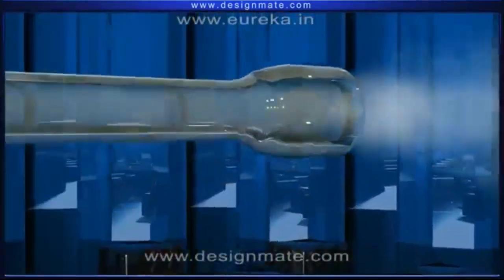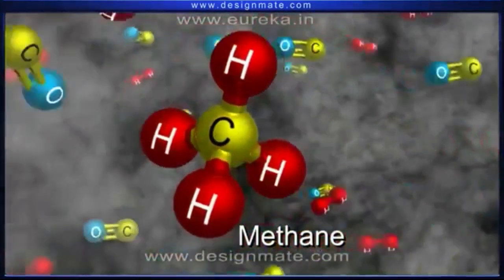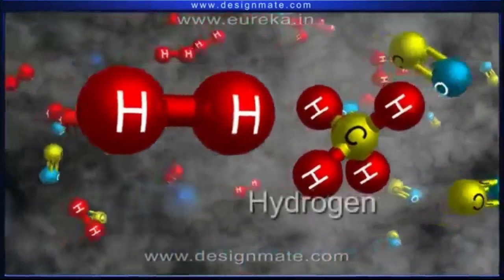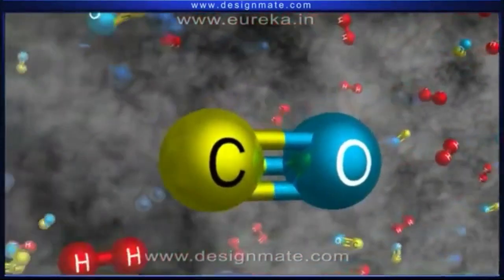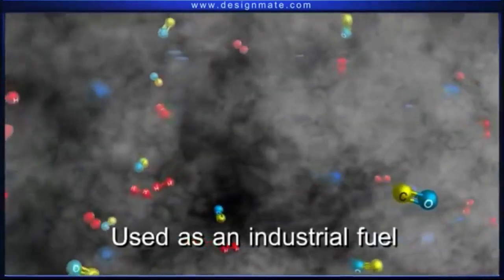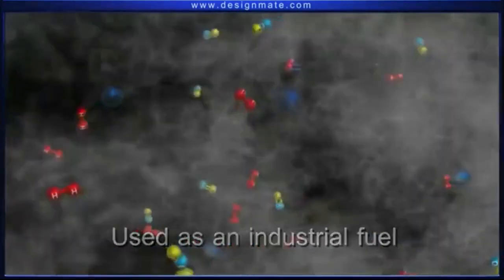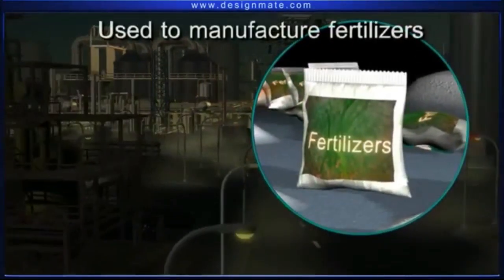Coal gas. Coal gas is mainly a mixture of methane along with hydrogen, carbon monoxide, and other gaseous hydrocarbons, and is used as an industrial fuel. Ammonical liquor is mainly used to manufacture fertilizers.